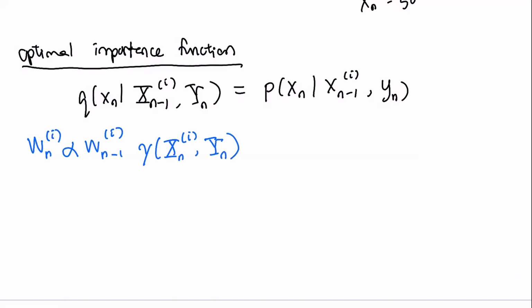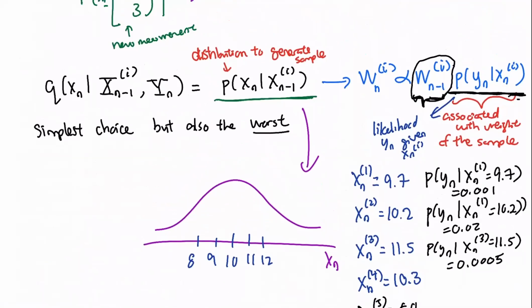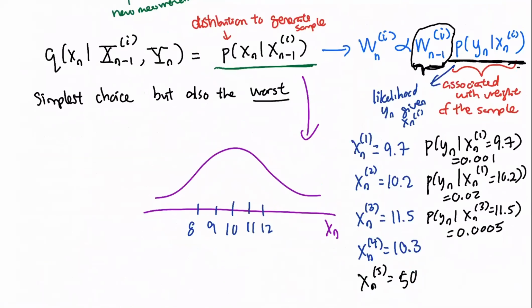In the bootstrap algorithm, this thing is very simply the likelihood function. Here we have to recompute it.